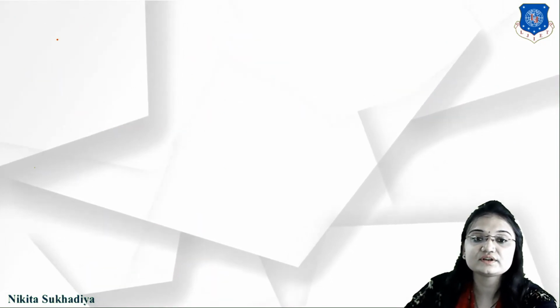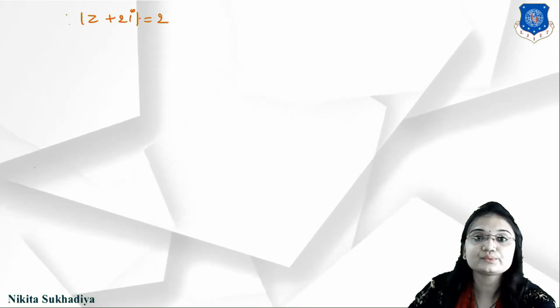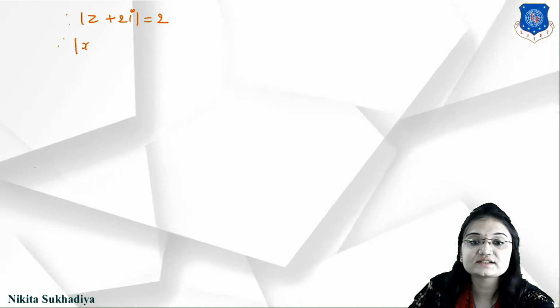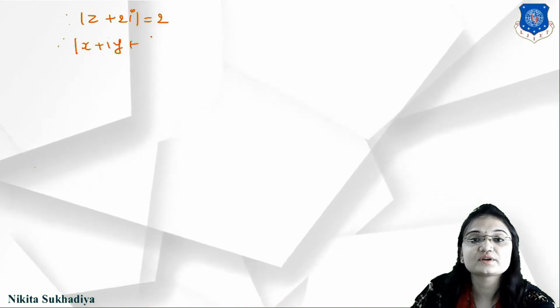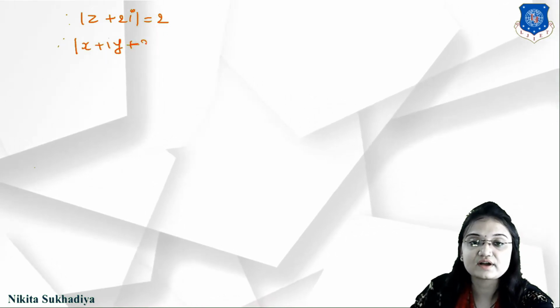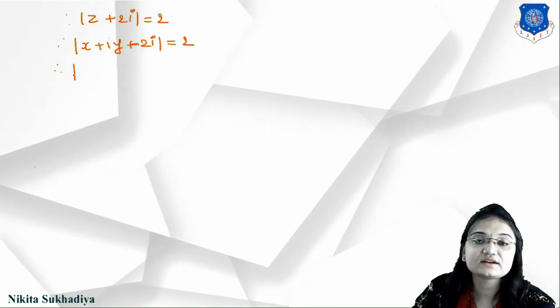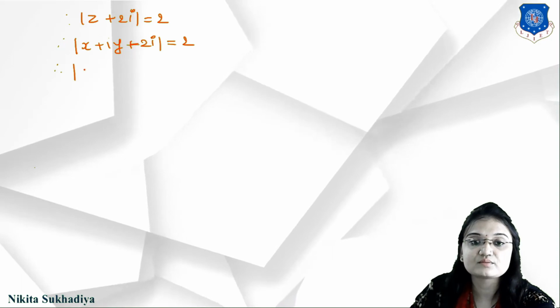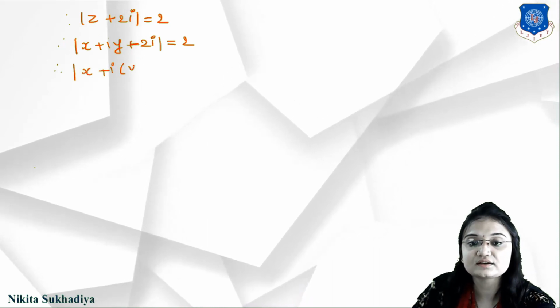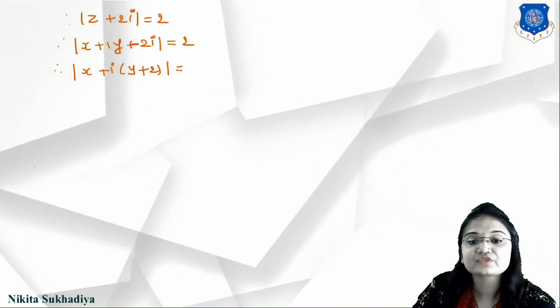Okay, now here we have modulus of z + 2i = 2. So we can put z = x + iy. So this will become mod of x + iy + 2i = 2. By separating real and imaginary parts, this will become mod of x + i(y + 2) = 2.